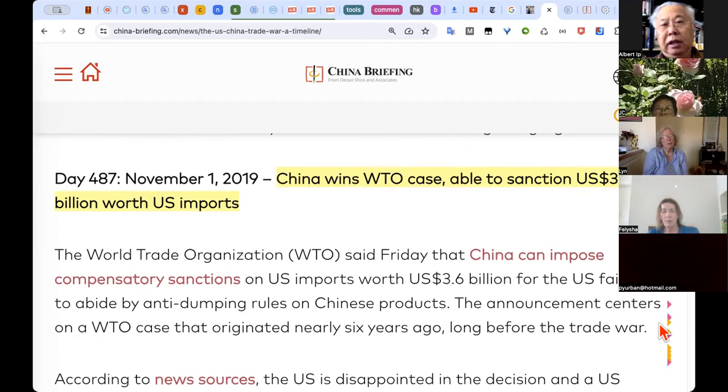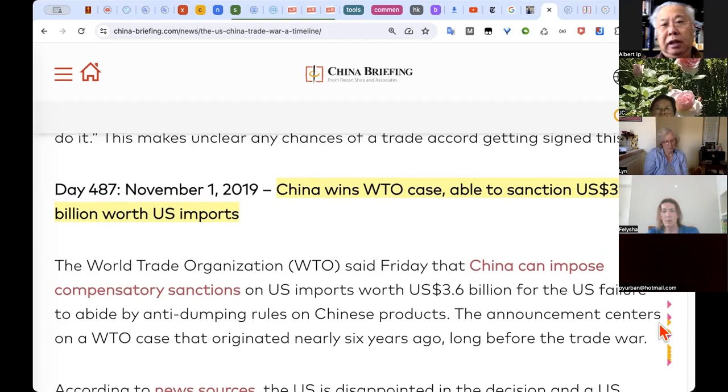On 2019, November the 1st, China wins the WTO case and is able to officially put tariffs on 3.6 billion worth of U.S. imports, nothing compared with the 60 billion, but it's symbolic.